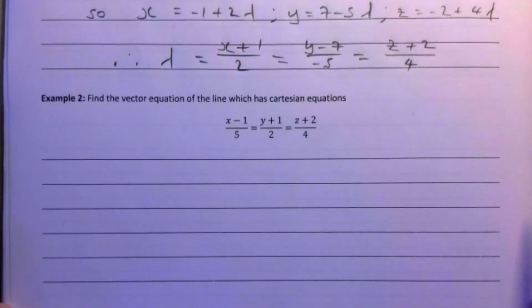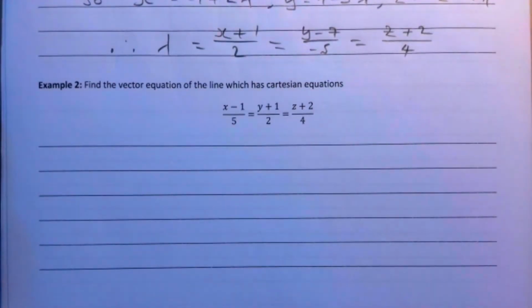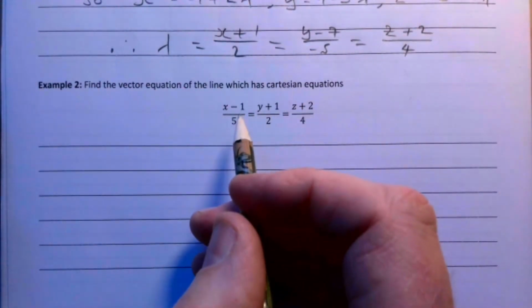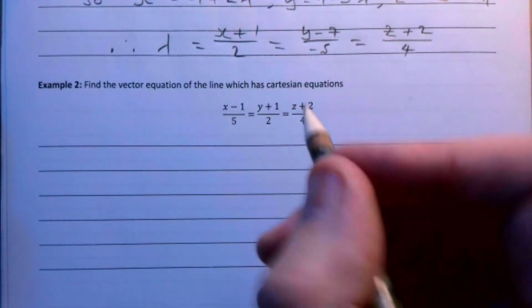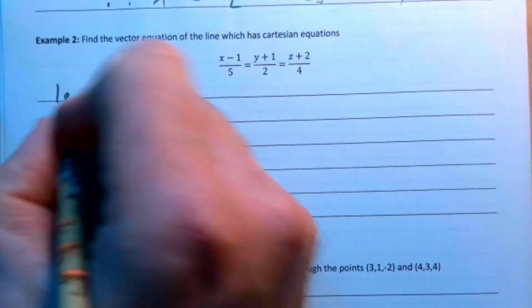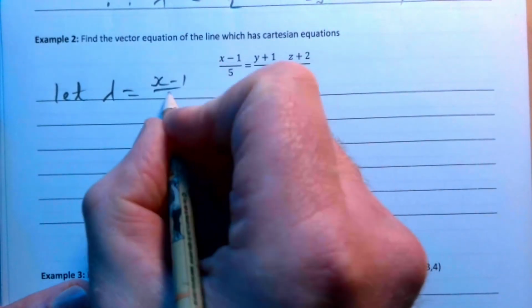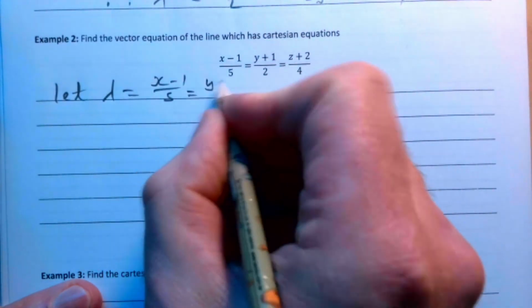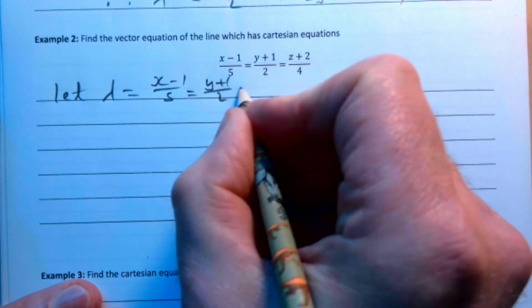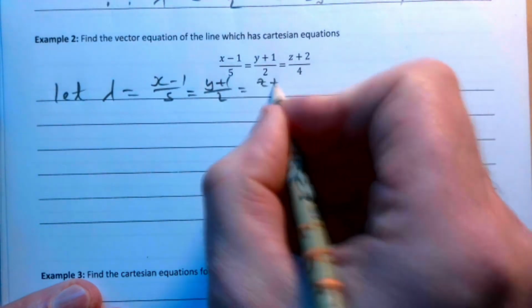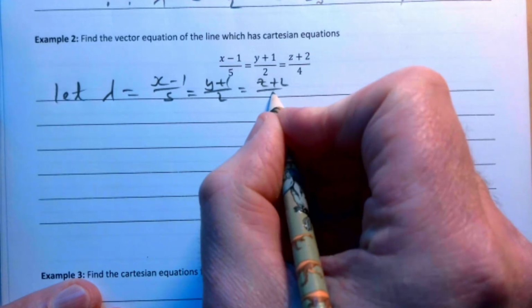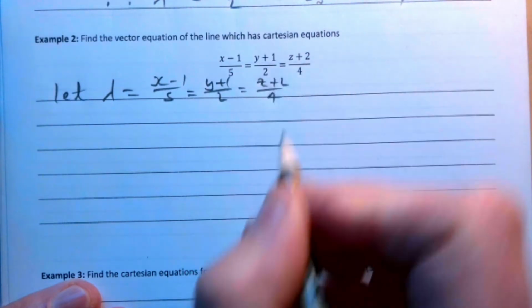Okay. Example 2 is a similar thing, only backwards. I hope you can see that we are going to let lambda equal x minus 1 over 5 equals y plus 1 over 2 equals z plus 2 over 4.